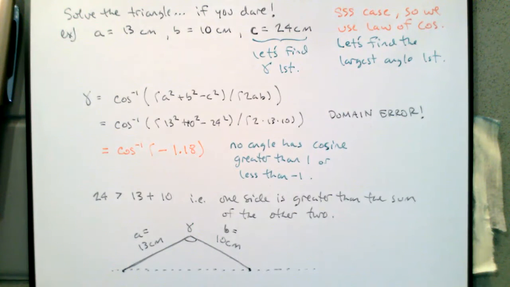Because if gamma is 180, then these two points are at most 23 centimeters apart.